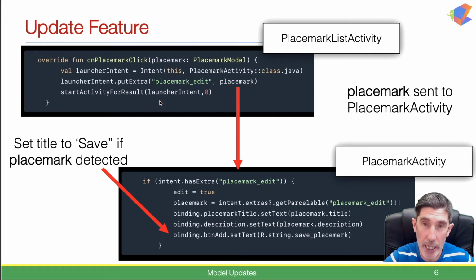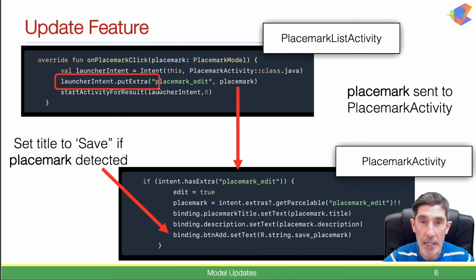Again, this goes back to the previous section, where we would have added some kind of event handling and listeners, specifically a click event, so that when the user clicks on a row in the list, we trigger this event back in PlacemarkListActivity. This was within the adapter itself, which will trigger a call to onPlacemarkClick, passing in the placemark that has been selected. We generate a particular intent specifying that we want to target PlacemarkActivity.